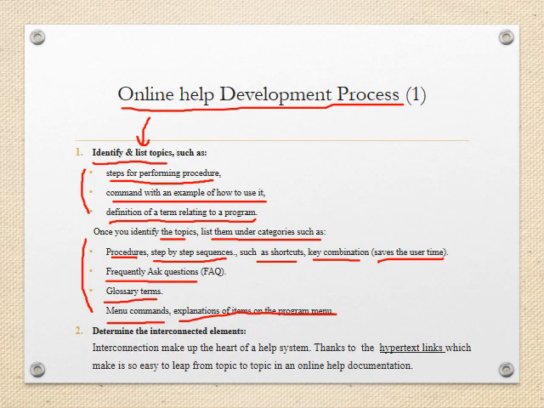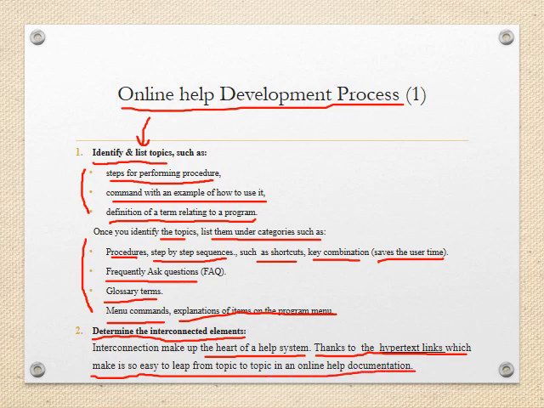The second step is to determine the interconnected elements. When we say define connections between topics or terms. Interconnections make up the heart of a help system, thanks to the hyperlink, which makes it so easy to leap from topic to topic in online help documentation.